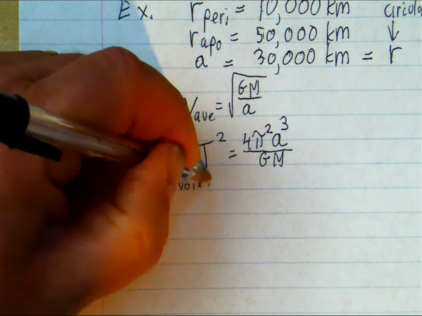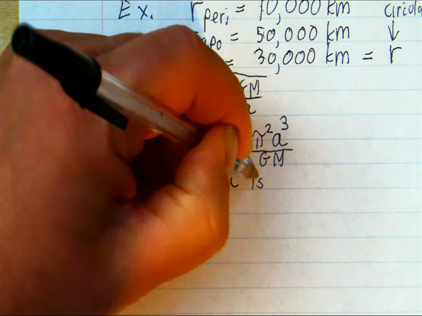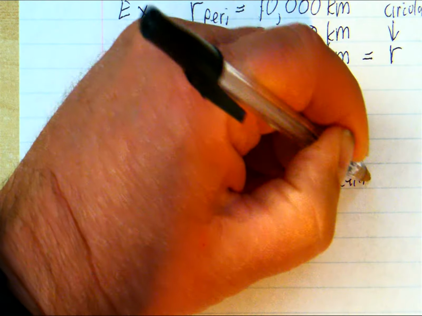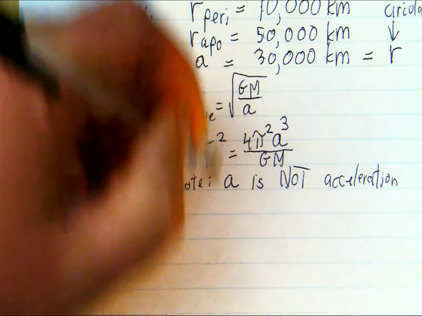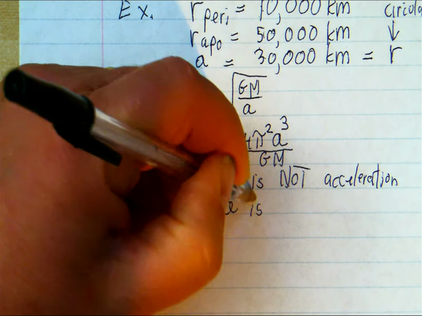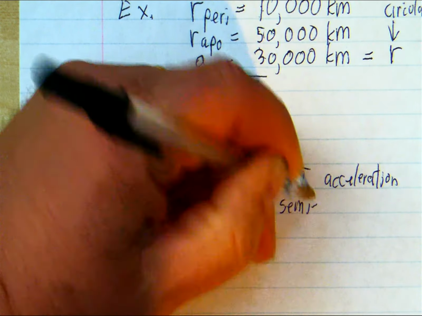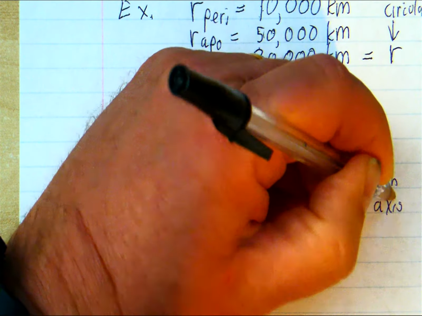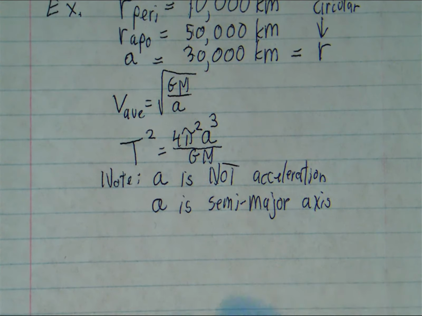Note, A is not acceleration the way it's been throughout the entire school year. A is semi-major axis. All right. How much fun is that?